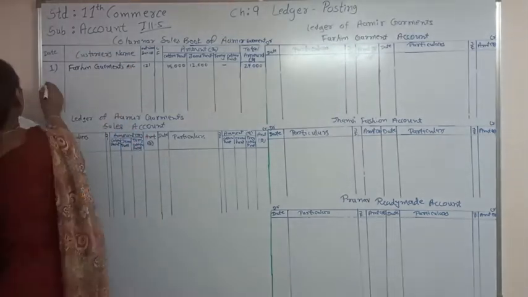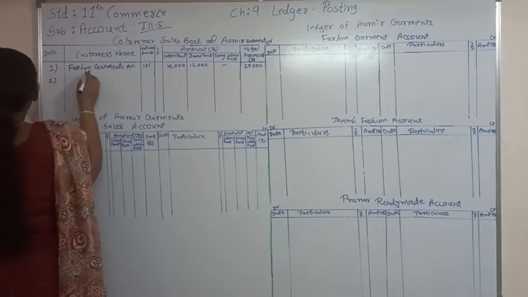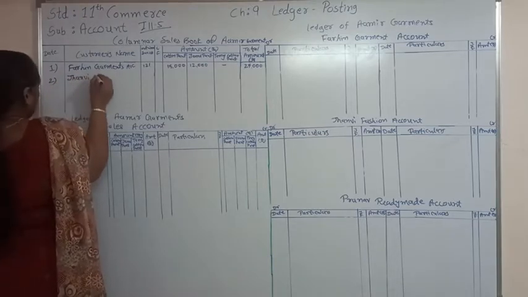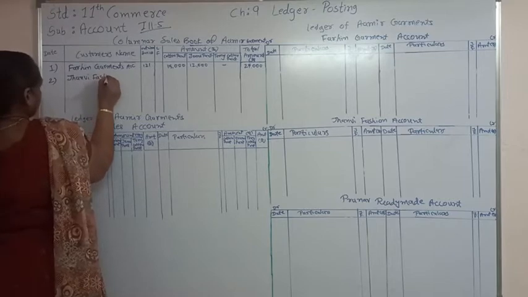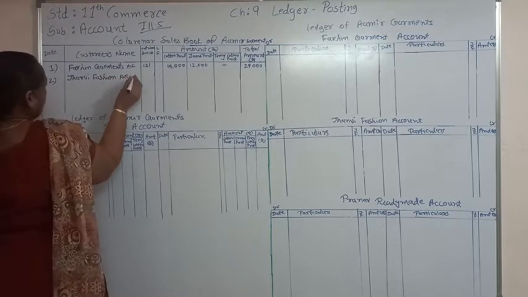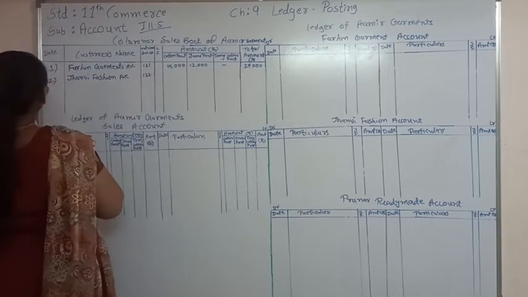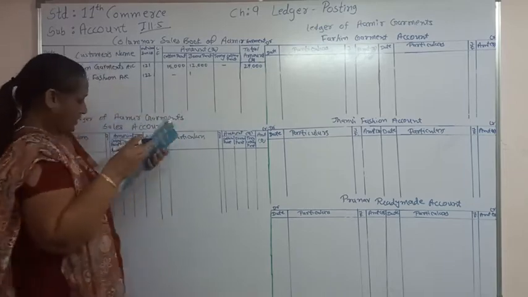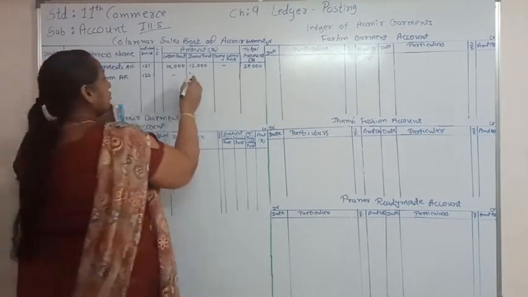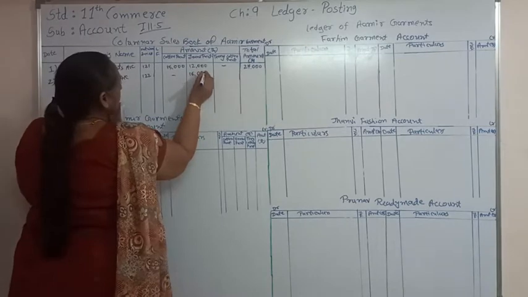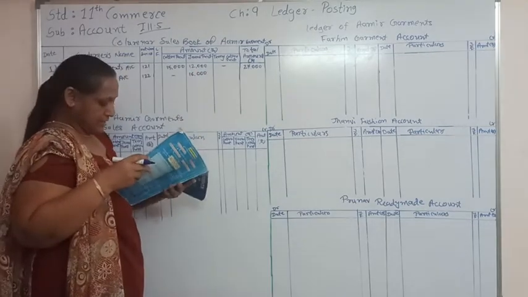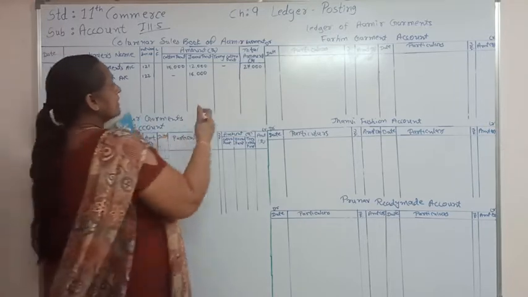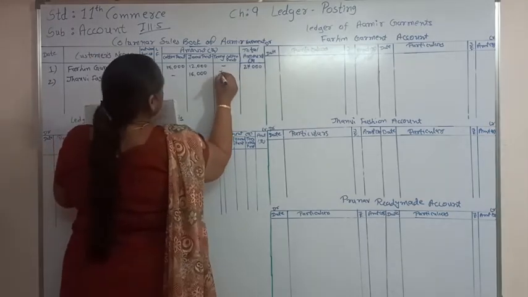So in the second transaction, the name is Janvi Fashion account, and outward invoice number is 122. The amount is 400 into 40, so that will be 16,000, and for the terry cotton it is 250 into 30, so that will be 7,500.